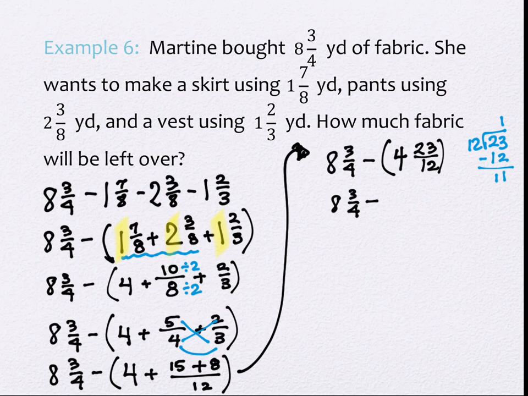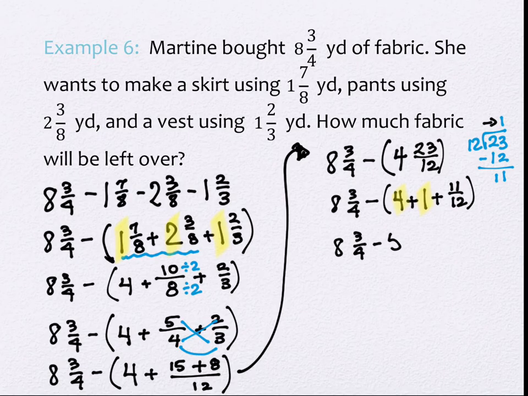So this gives me over here the same 4 I already had, plus the 1 at the top, and 11 over 12 at the end. So the 4 was already there. The 1 came out of the mixed number that I just created, so I have 5. So this is 8 3/4 minus 5 and 11/12.